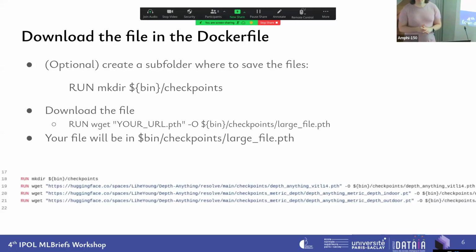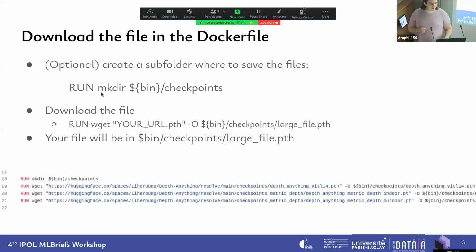Now I suppose you have a URL for your large file, either on your own server or from the link we will provide. If you want, you can put it in a specific folder in your repository. For instance, if you don't want it at the root of your code, but in a checkpoints folder, you can put it in the Dockerfile.